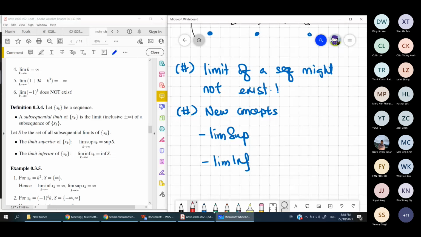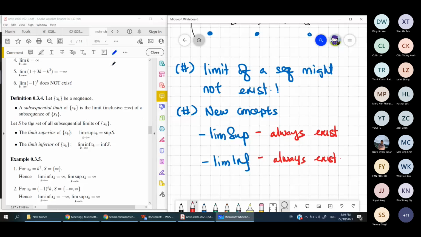Just to let you know, these two always exist. So how do we define them? To define the limit supremum and limit infimum, we first consider the subsequential limit.